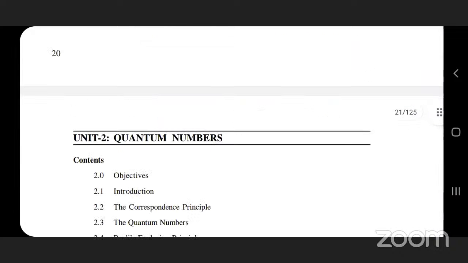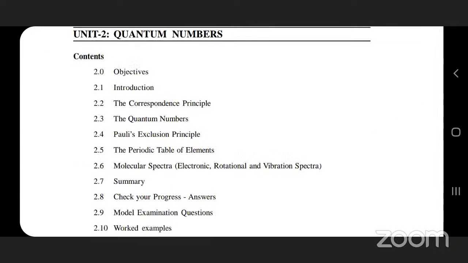Quantum numbers. You can see the contents. What are the contents? You can have quantum numbers.